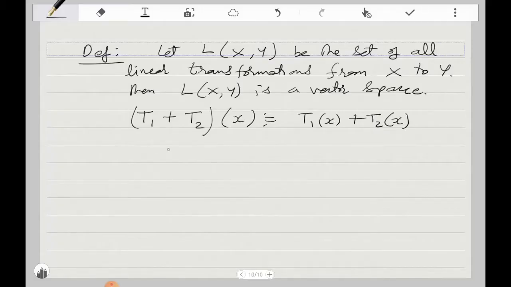Similarly, scalar multiplication, I define rather C times T is a new linear transformation, and it's defined by (CT) of x, C in R.